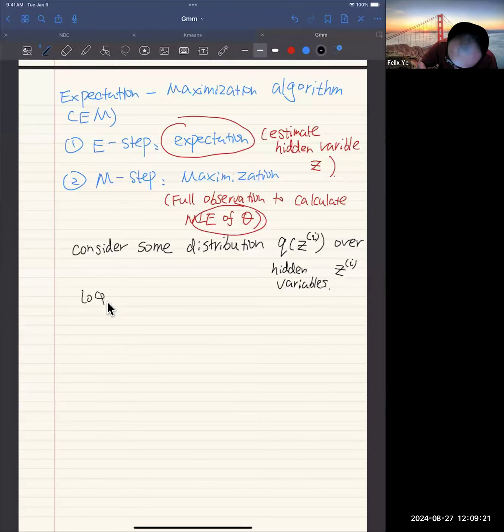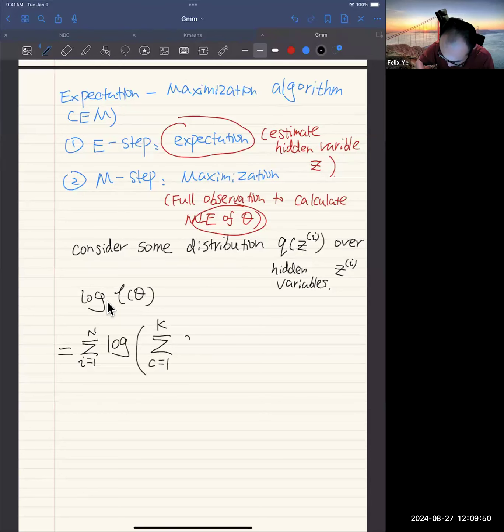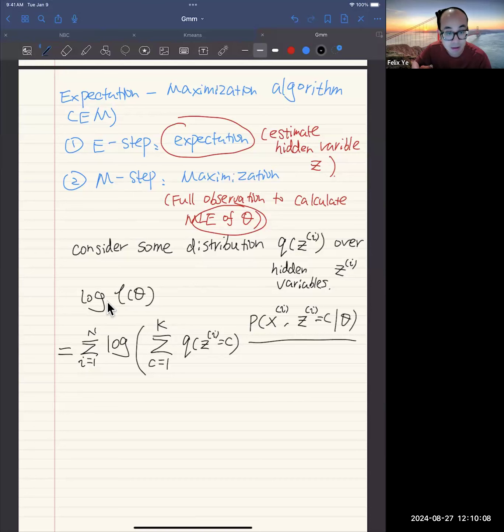The log likelihood can then be written as follows. I'm going to multiply by Q of z_i and divide by Q of z_i, so nothing changes. This is equal to the sum over i from 1 to n of the logarithm of the summation over c from 1 to k of Q of z_i equal to c, times p of x_i, z_i equal to c conditional on theta, divided by Q of z_i equal to c.